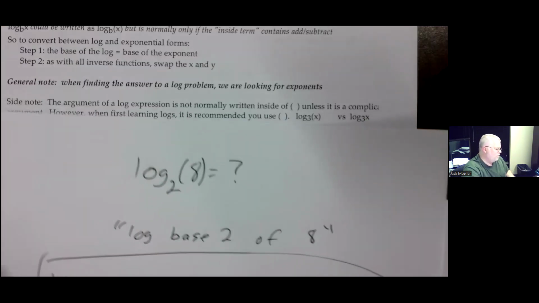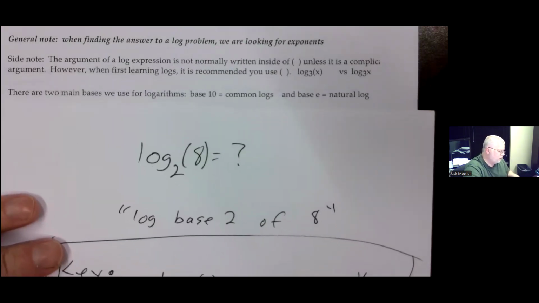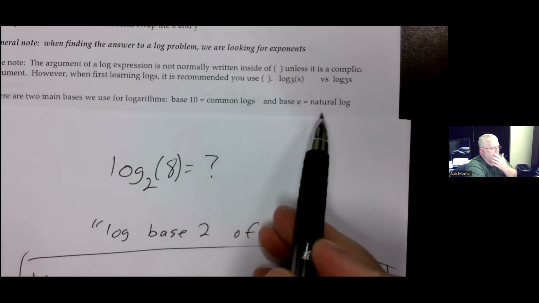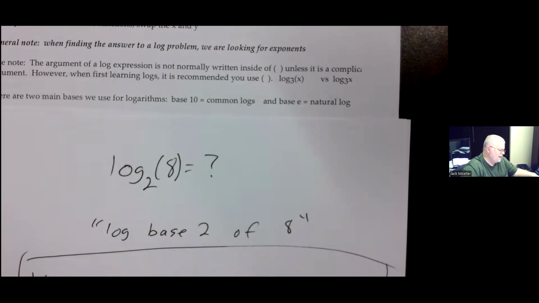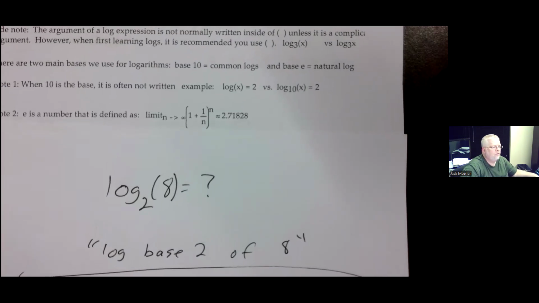The other main base that we deal with is base e, which is the natural log. So what is e? If you haven't dealt with logarithms before, you probably haven't dealt with the letter e. There is a mathematical definition of what e is.